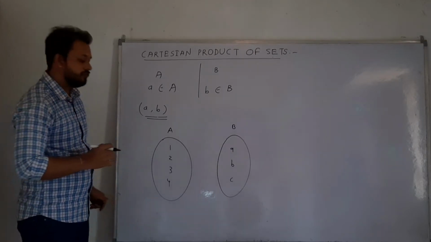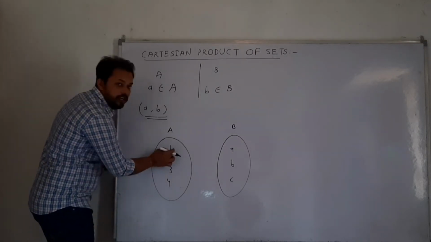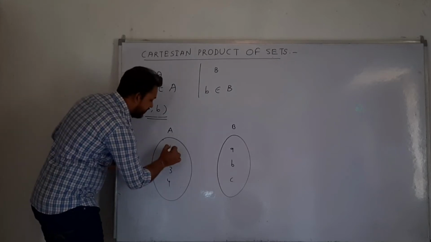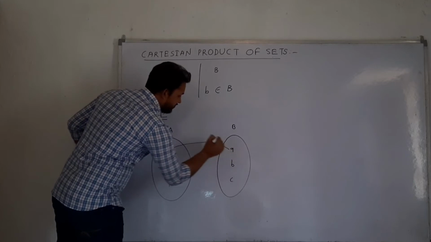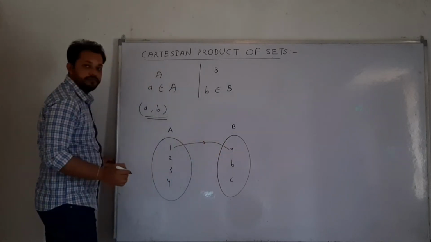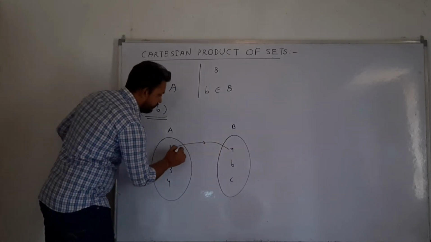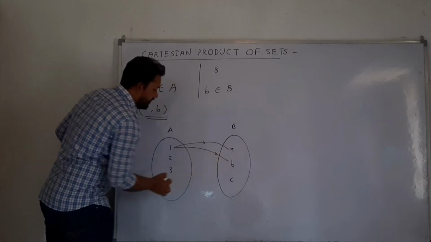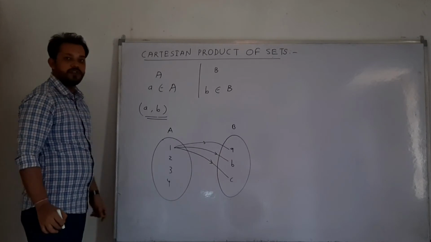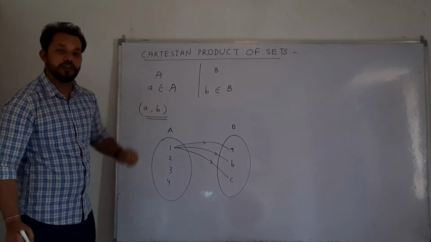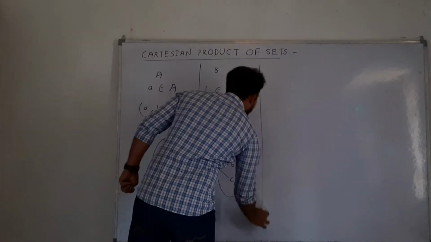Let's find them. The first element from set A is 1. So 1 is related with a, also 1 is related with b, and 1 is related with c. So we got 3 ordered pairs.